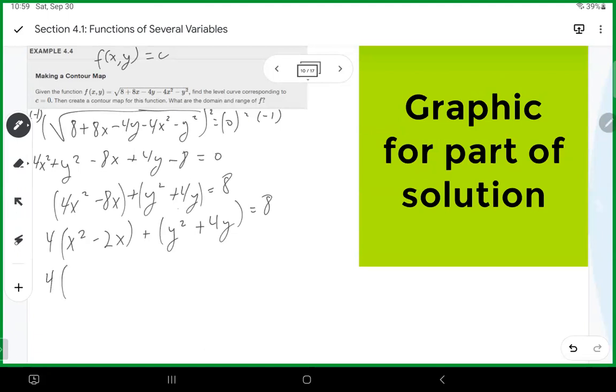All right, so bringing the 4 out, we would have inside x squared minus 2x plus 1, and then y squared plus 4y plus 4 equal to 8 plus 4 times 1 plus 4. And we get that from this 4 out here.